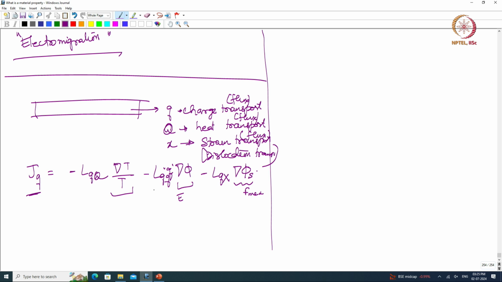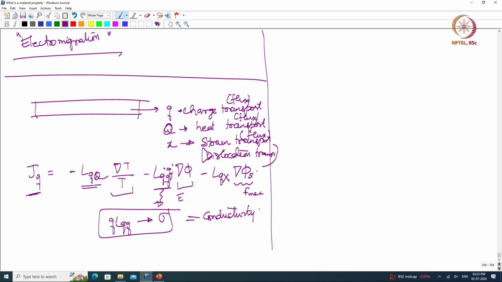Now, what is this, right. So, we said J_q goes as L_qq times q, right. So, this is related to q times L_qq will be related to the sigma, right. So, this is my conductivity, right. Okay. So, conductivity is easy to understand. What is this?